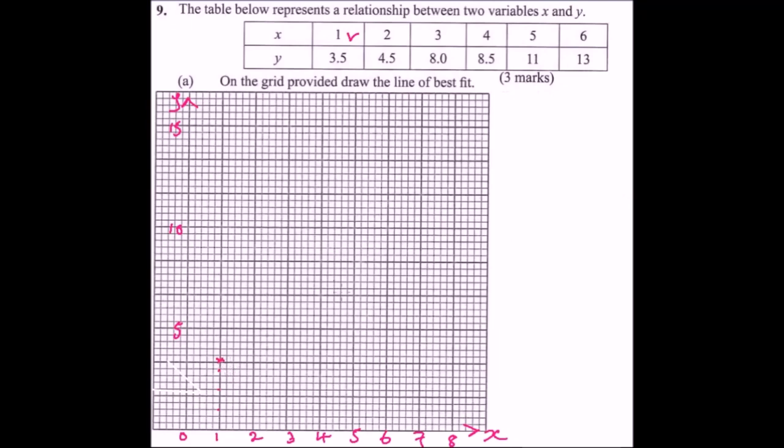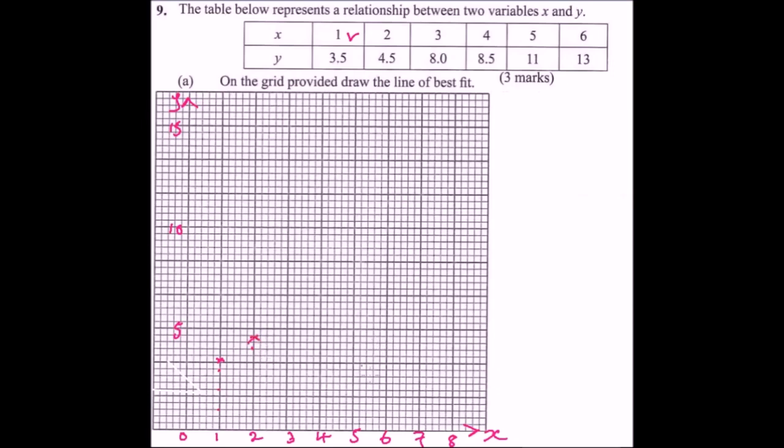When x is 2, y is 4.5, so from 4 we have 4, and 4.5 is where we have the middle point, approximately.